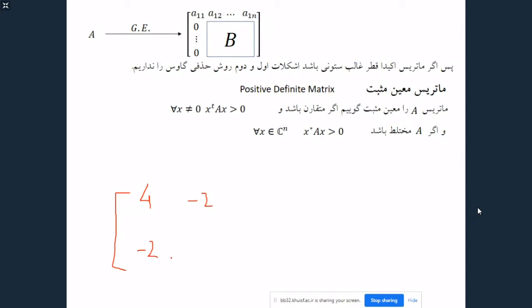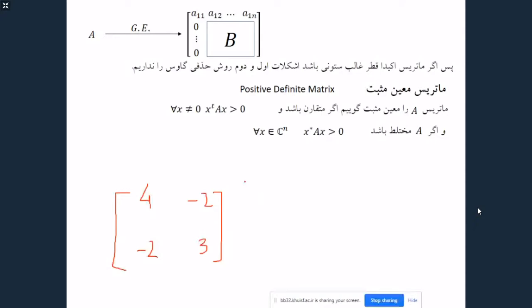This is a positive definite matrix because you can see it's symmetric.